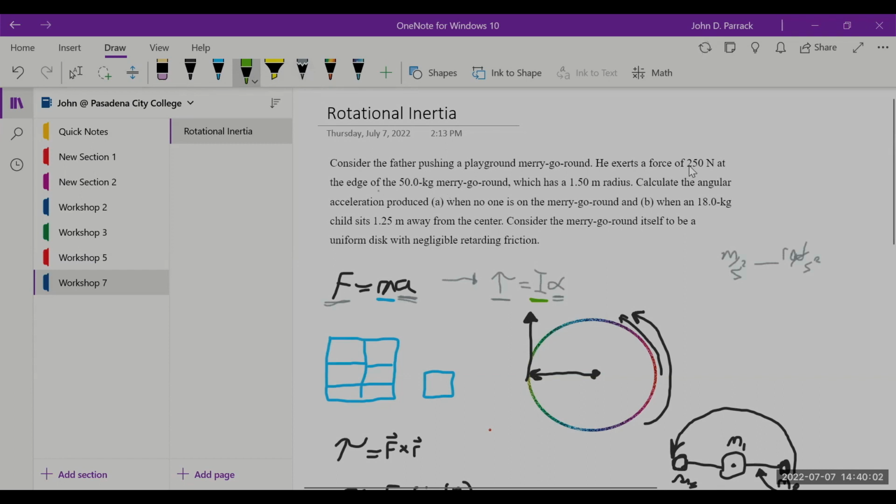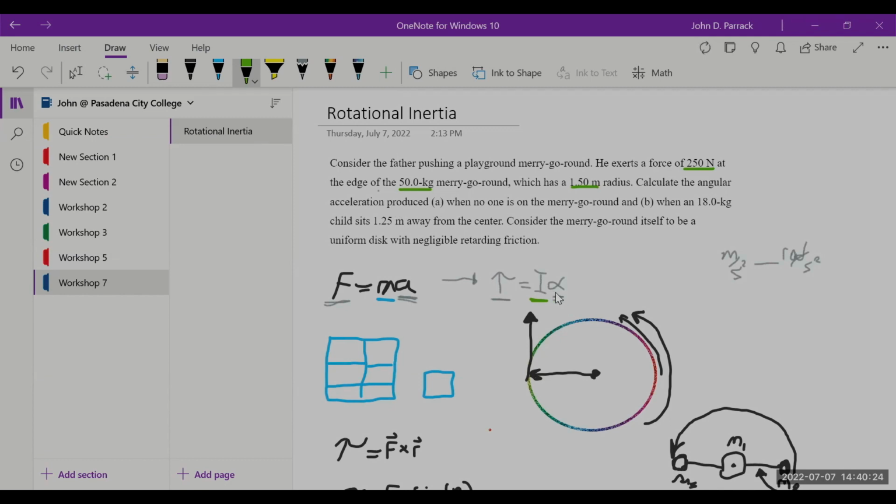It tells us a force, 250 newtons, at the edge of the merry-go-round. There's a 50-kilogram merry-go-round, it tells us the mass, and a 1.50 meter radius, it tells us R. And it says calculate the angular acceleration.